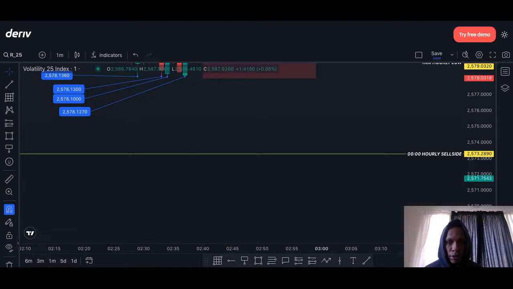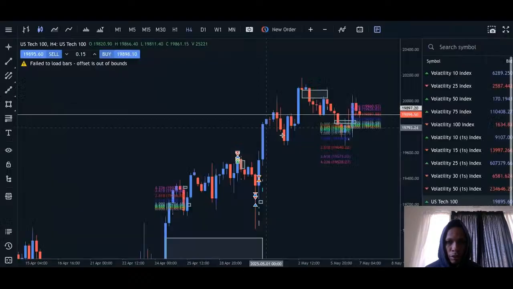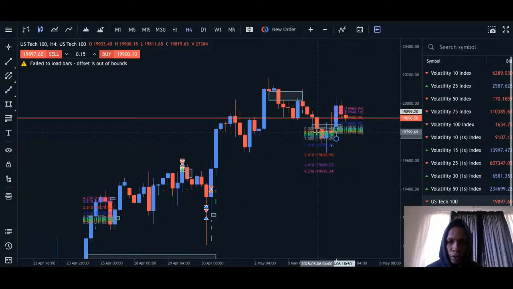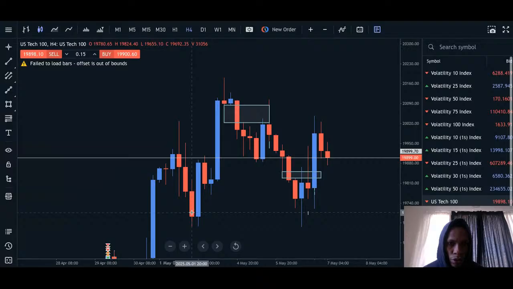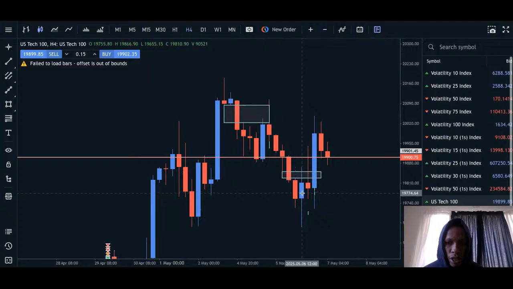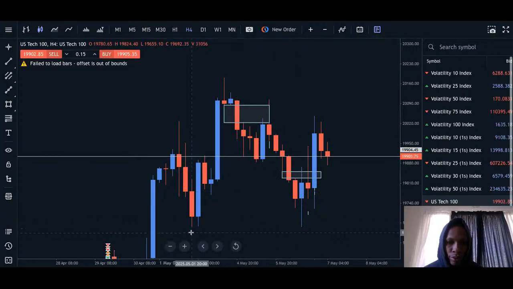I just go to Nasdaq 4-hour. If I delete all of this, these two candles, this low 19,655.10, this low 19,657.6, this low 19,655.15. It was 0.5 points away from this, but it cleared this low.